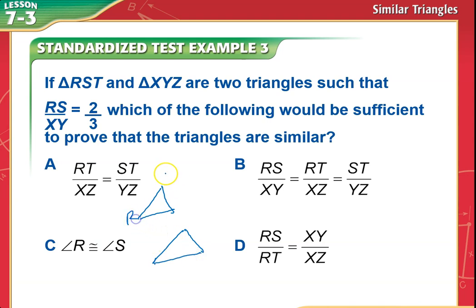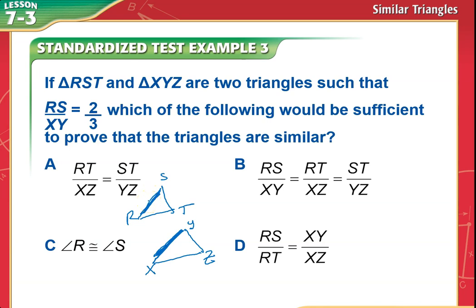And we're going to have R, S, and T. We're also going to have X, Y, and Z. We've got to make sure we put them in the same order, like this, X, Y, and Z. And then what we just said was the RS side, so this side, compared to this side, is in a 2 to 3 ratio.